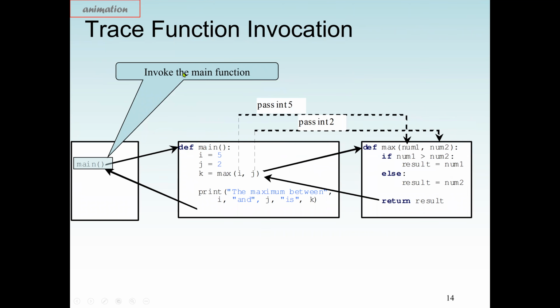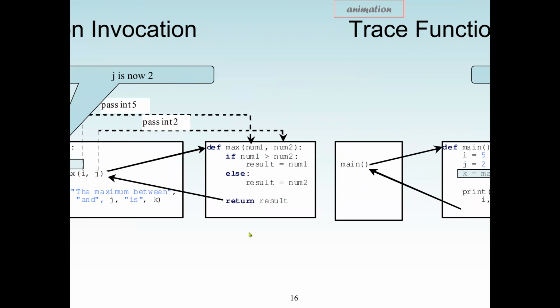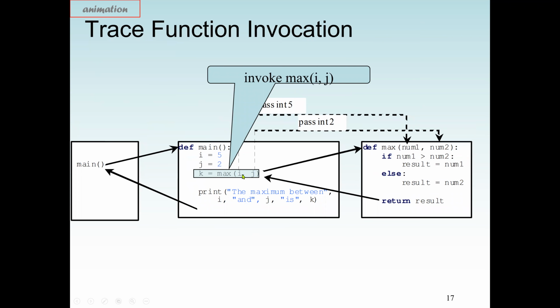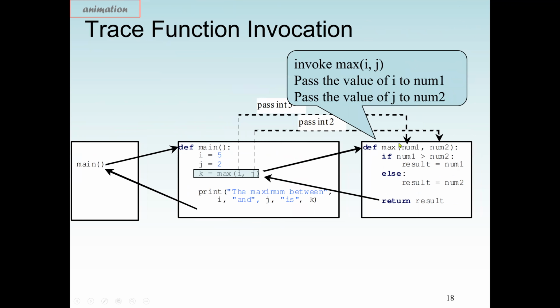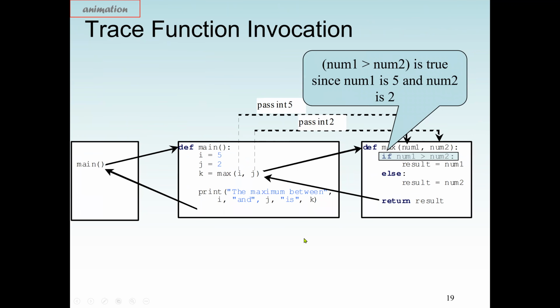So that's the process again. We invoke the main function. Then we go to the main function. The first value i is 5. j is 2. Then we invoke the max function. So that will take us to the max function. Then we run the steps. We check the first: is num1 greater than num2?